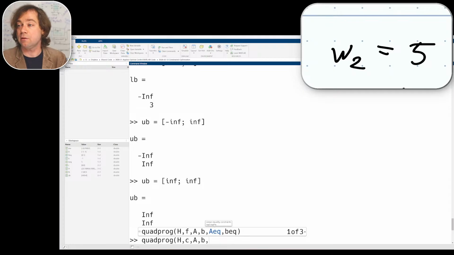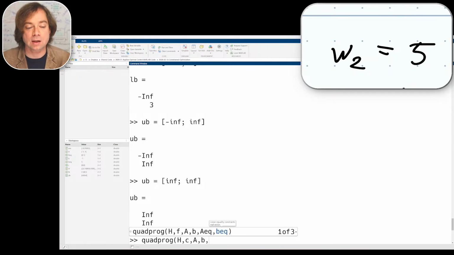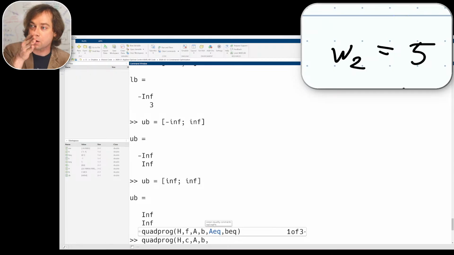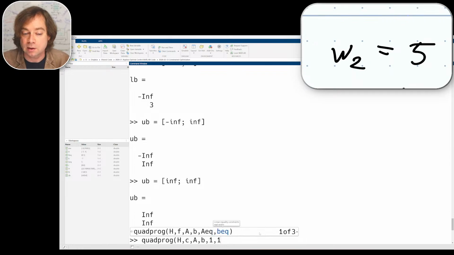I just get rid of my equality constraints, but you still got to put something here in order to get to the later arguments, because we have to get to the lower bound and upper bound. If I just put the number 1 and 1, don't do this, but you can see, oh, now it allows you to do lower bound and upper bounds for those two. So you got to put something there.